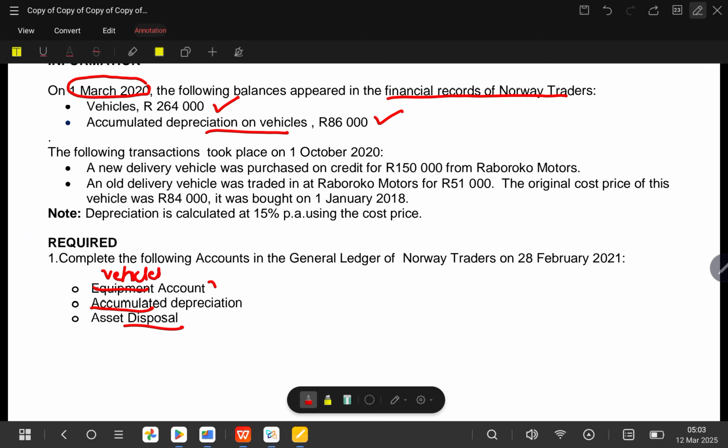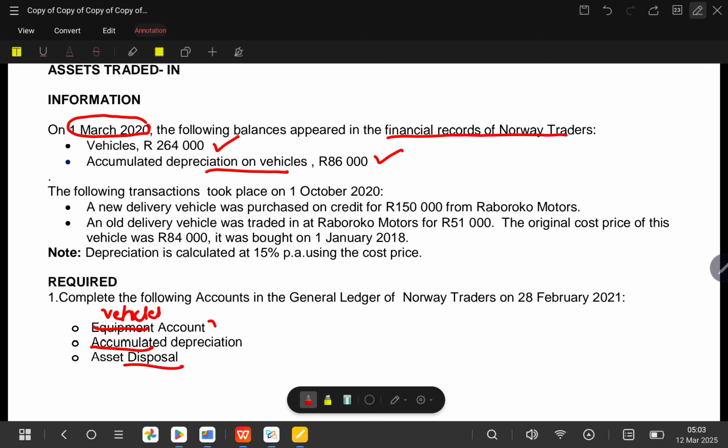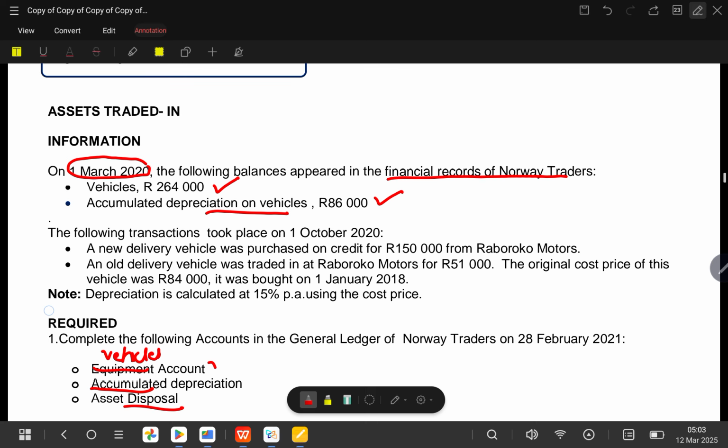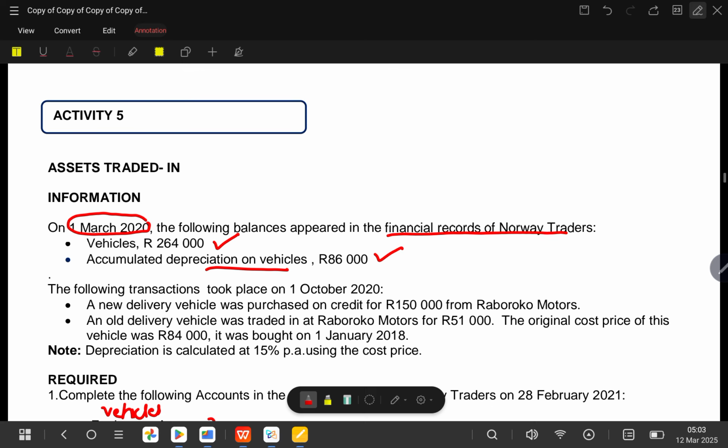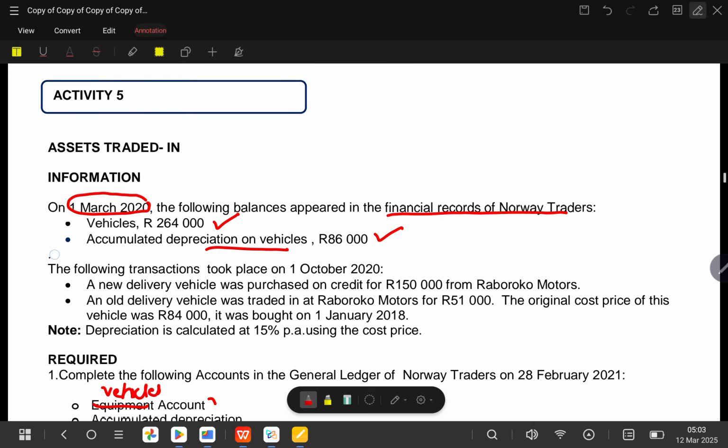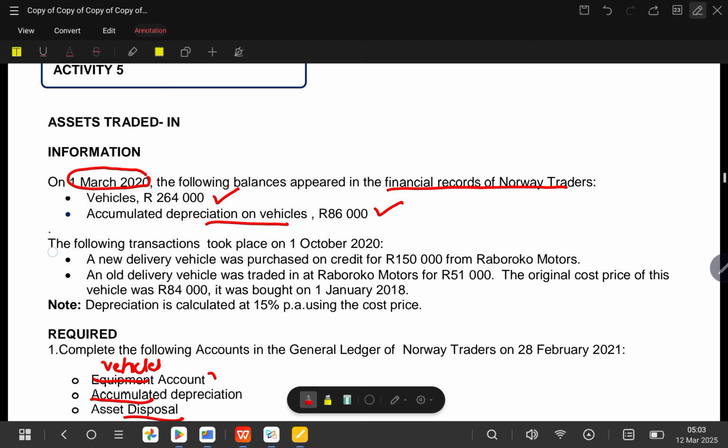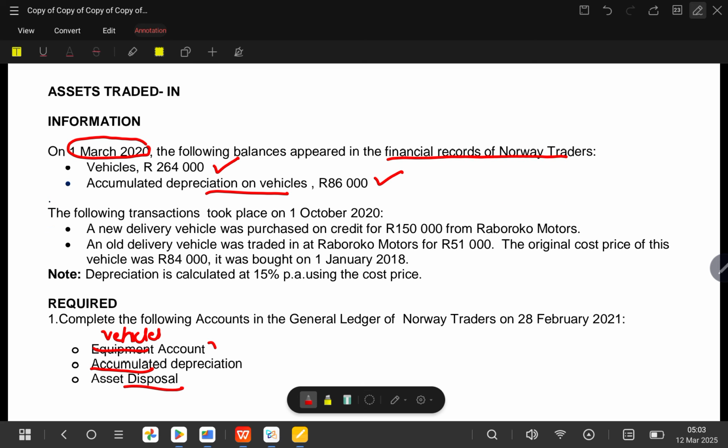When you see this, you should not be worried, because it's going to be a walk in the park. The first part of earning your marks is when you start with your opening balances. Remember, our year starts on the 1st of March 2020.